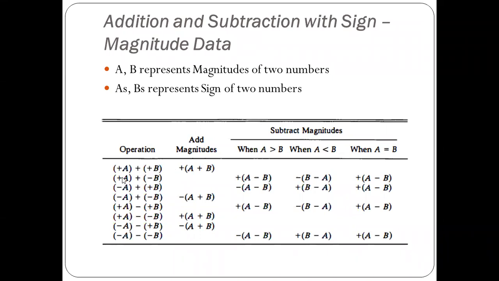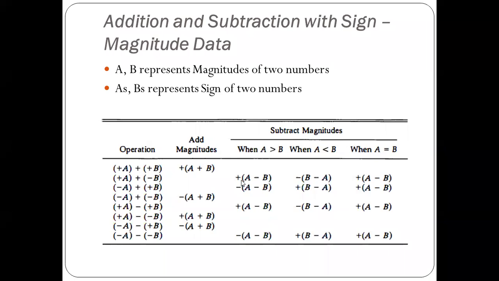Next operation, plus A, minus B. The operation is A minus B if A is greater than B, and the resultant sign is equal to the sign of A, which is positive here.